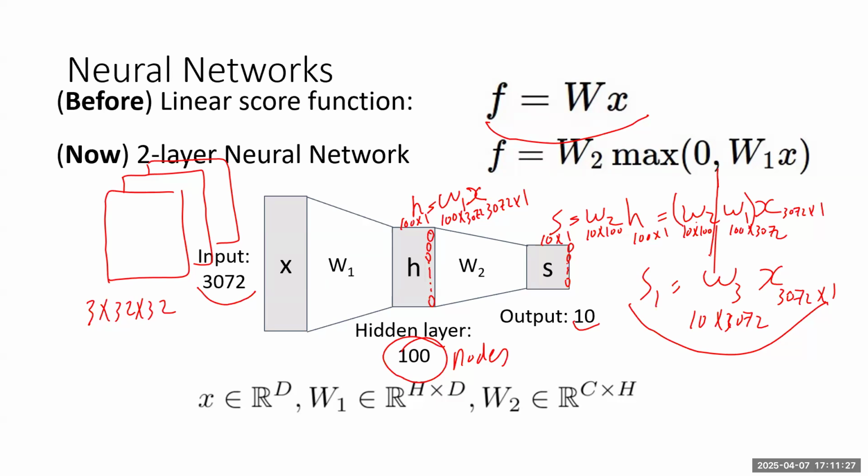That's why we said we will add something called an activation function. It's a function added in between the layers to achieve this nonlinearity.